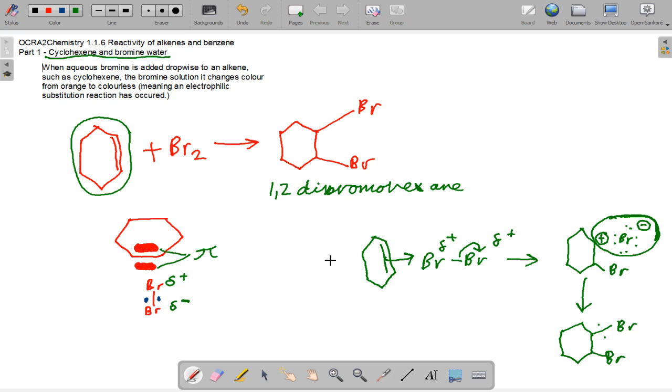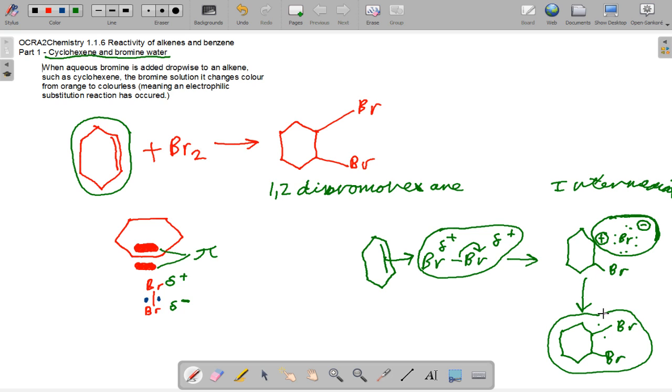So step 1, it forms a slight electrostatic attraction, and then it forms an intermediate carbocation, and then it goes on to form 1,2-dibromohexane.